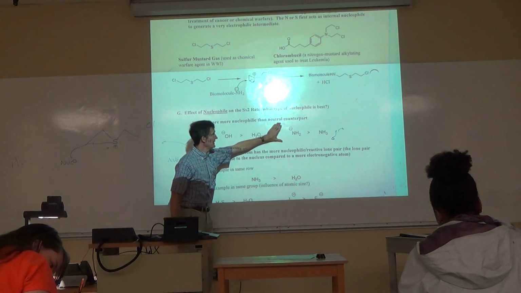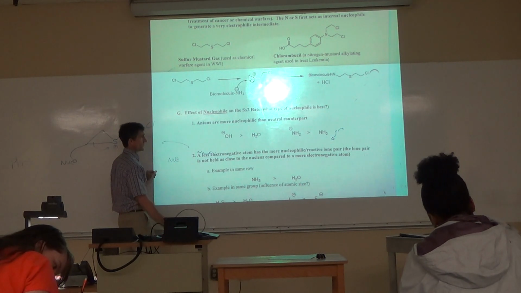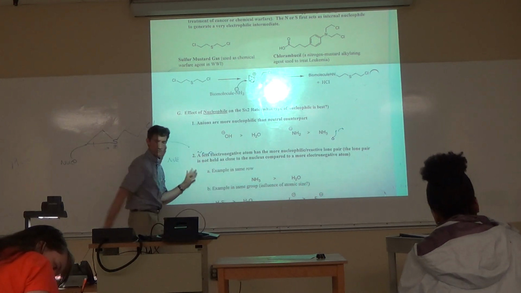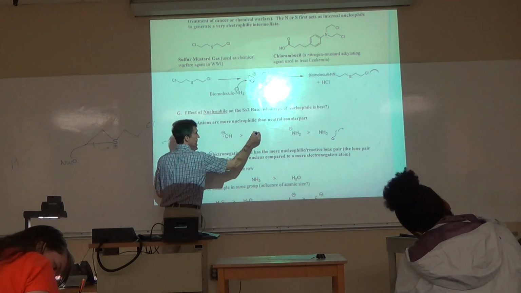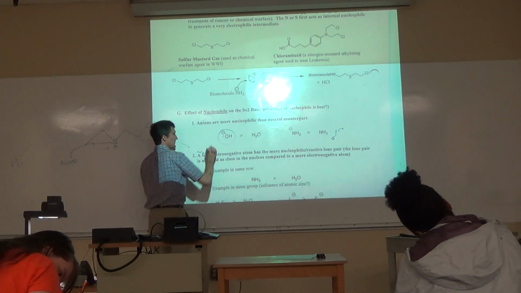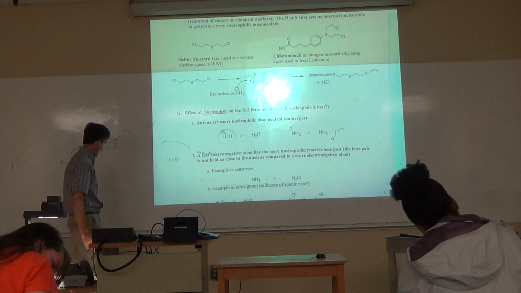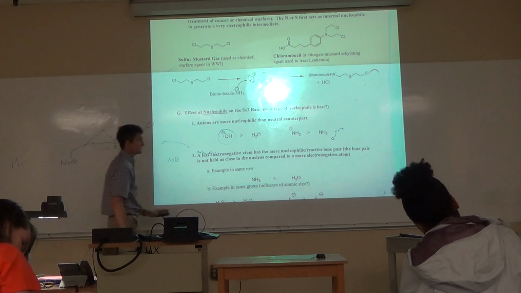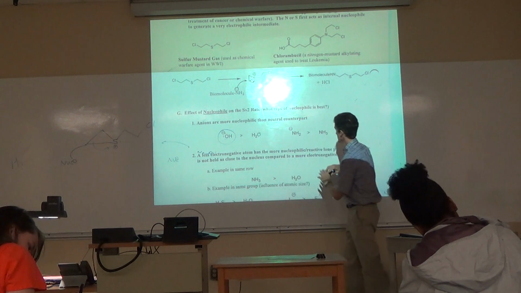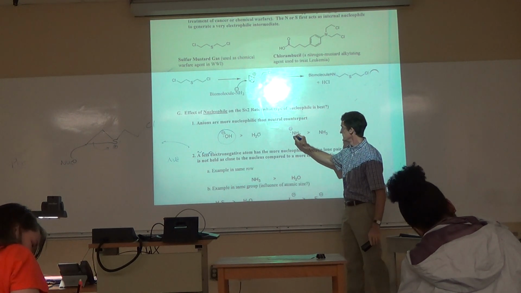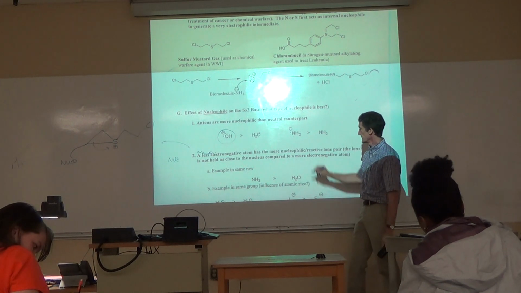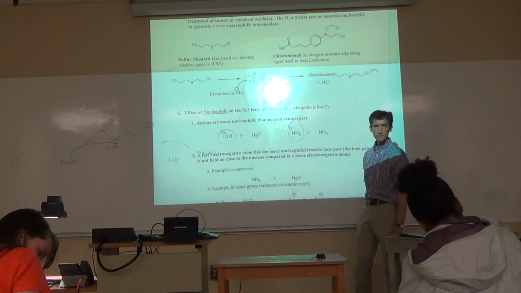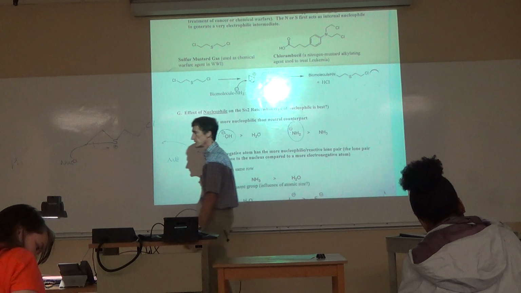Anions are more nucleophilic than their neutral counterparts. For example, hydroxide is more nucleophilic than water. Oxygen anion versus neutral oxygen: better nucleophile. Same thing with nitrogen. Better nucleophile. All right? Anion more nucleophilic.